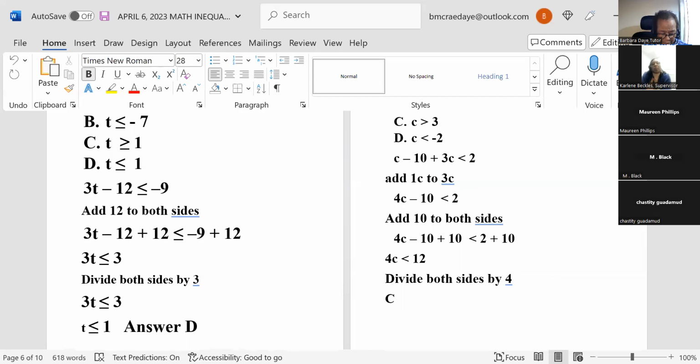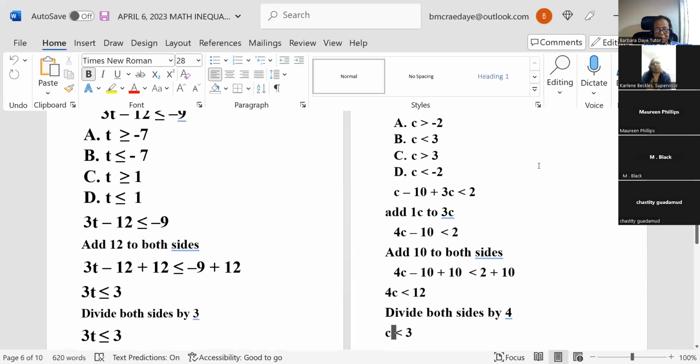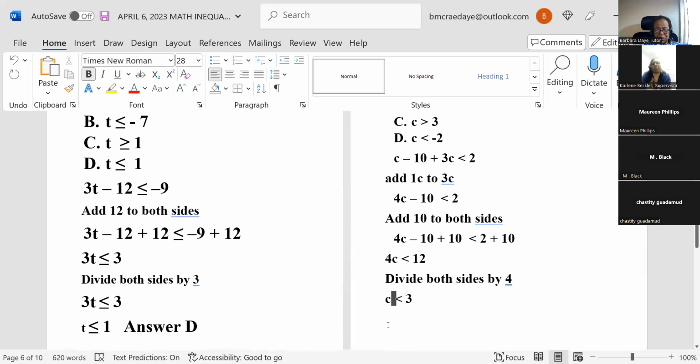C is less than... 4 into 12 was 3. C less than 3. Okay, let's put the little c. Okay, now that matches which one? A, B, C, or D? It matches B. Isn't that what Maureen said? Maureen, that's what you said, right? Yeah. You beating me up, Maureen.